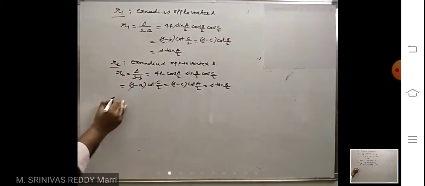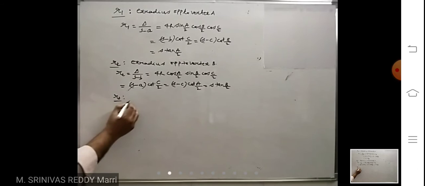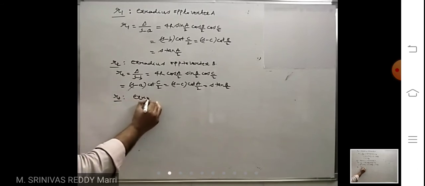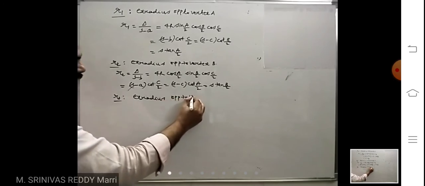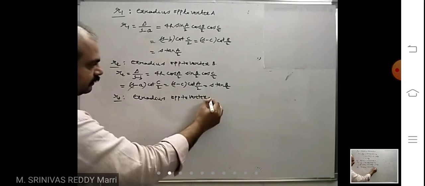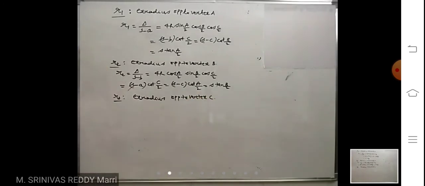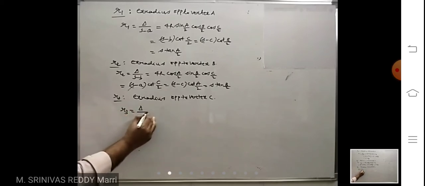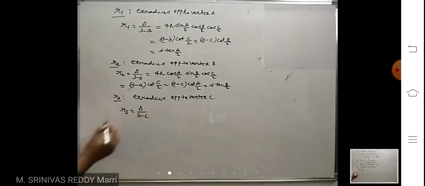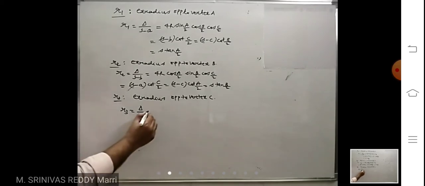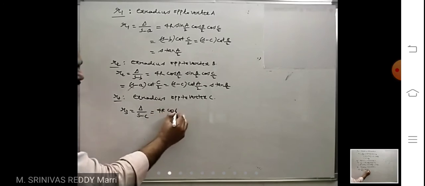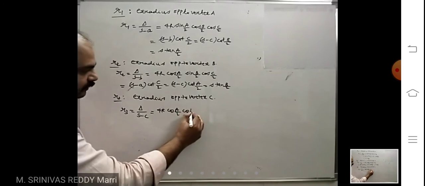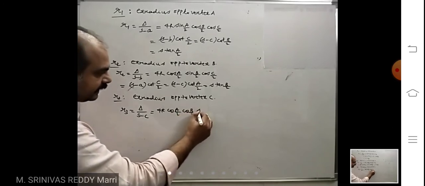Now look at R3. R3 means opposite to vertex C, one circle is there, the exradius opposite to vertex C. For this the formula is R3 equals, this is the basic formula, delta by S minus C. And also here for the third one you will get cos A by 2, cos B by 2, sin C by 2.